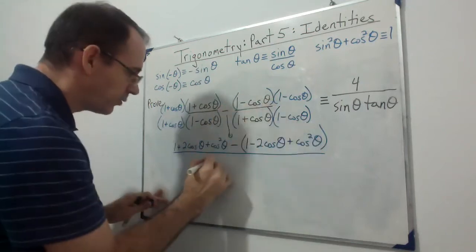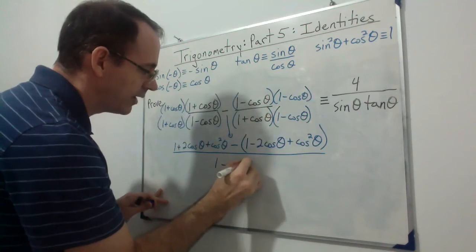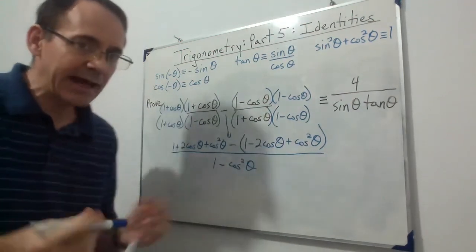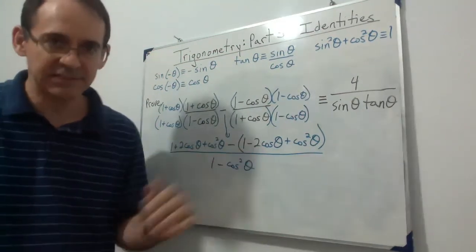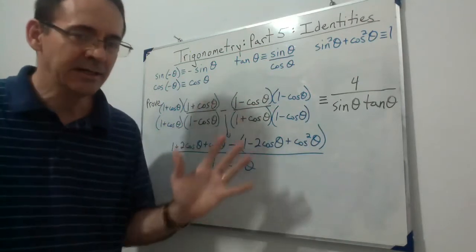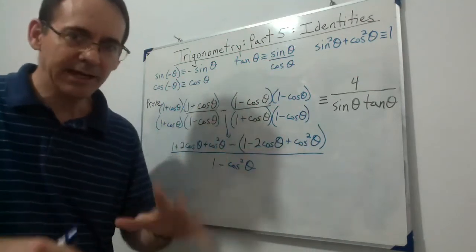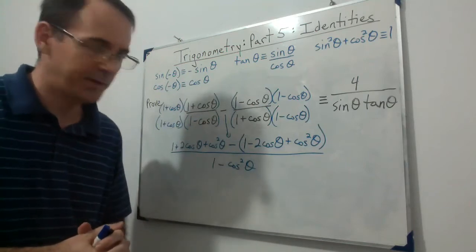All you get is the 1 and the negative cosine squared theta. So just like in algebra, you have difference of squares. Guess what? Trigonometry has difference of squares. Everything you learned about factoring, fractions, multiplying, dividing, all of that in algebra applies to trigonometry, okay?